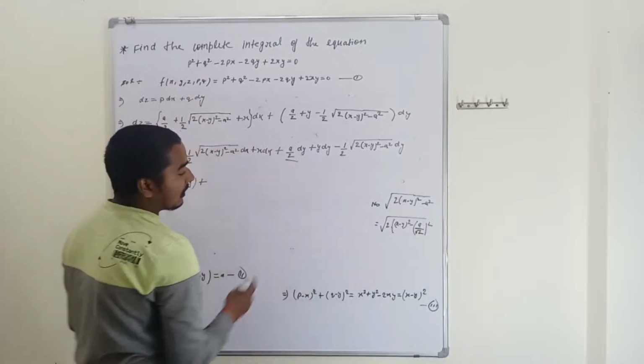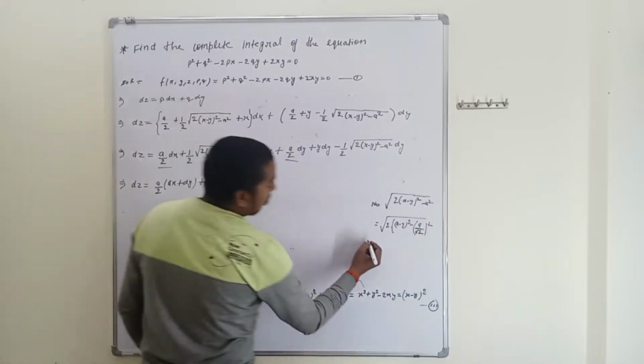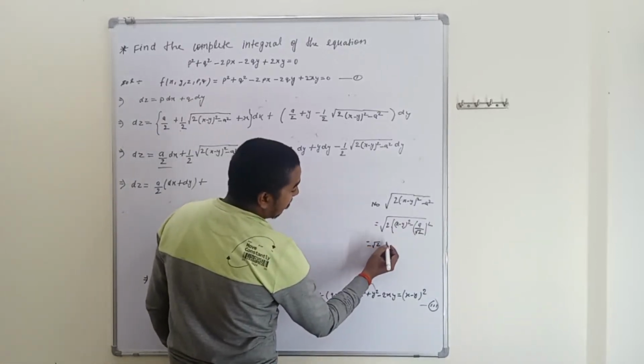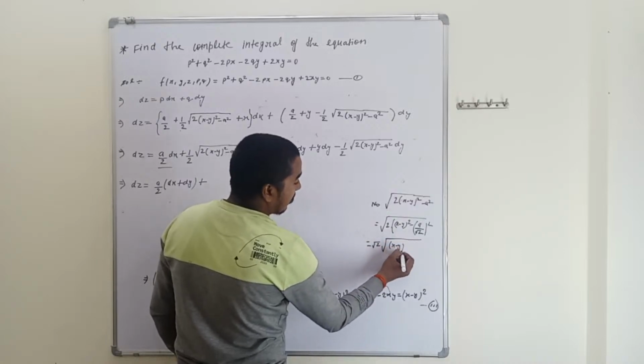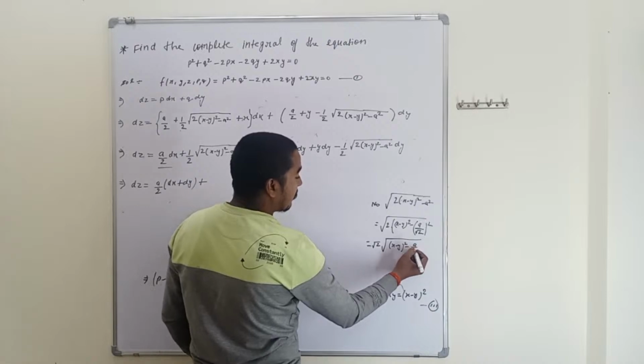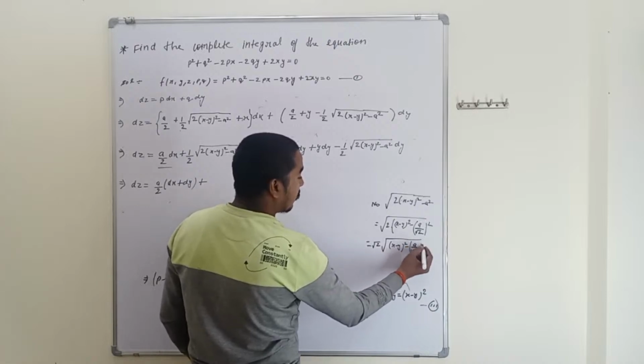We can also write, root 2 taking common, that is under root of (x minus y) whole square minus (a by root 2) whole square.